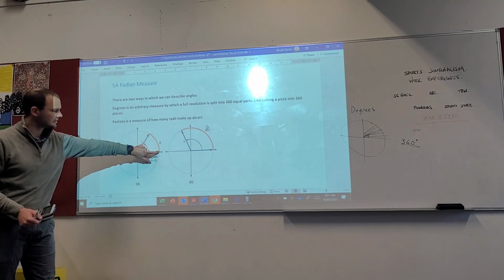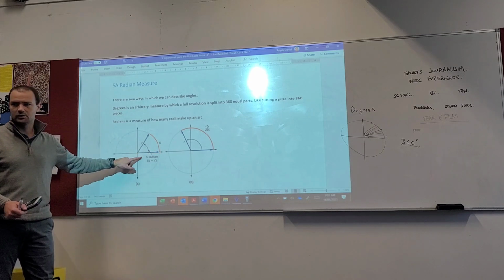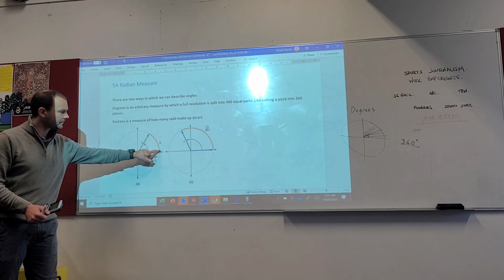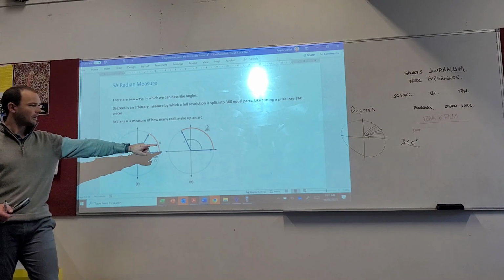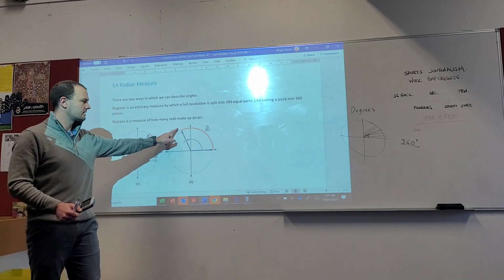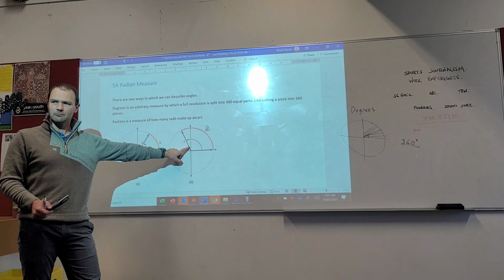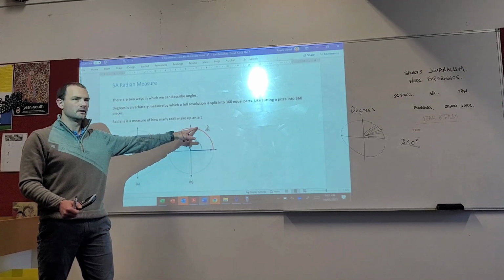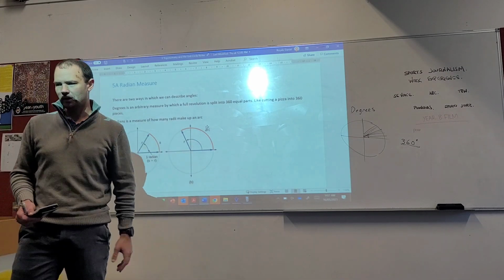So it's when the distance from here to here is equal to the radius of the circle. That's 1 radian. If I were to travel half the distance, that would be half a radian. If I travel twice the distance, the angle is 2 radians. So in radians, it's a measure of how many radii I have moved around the outside of the circle. That's what it means, okay?